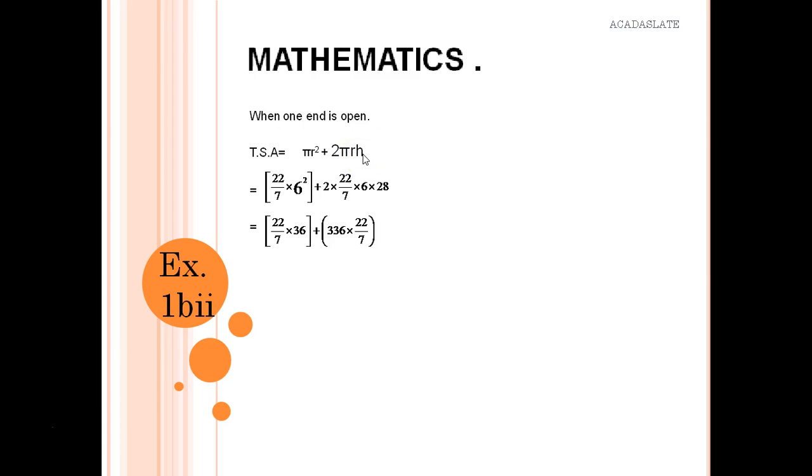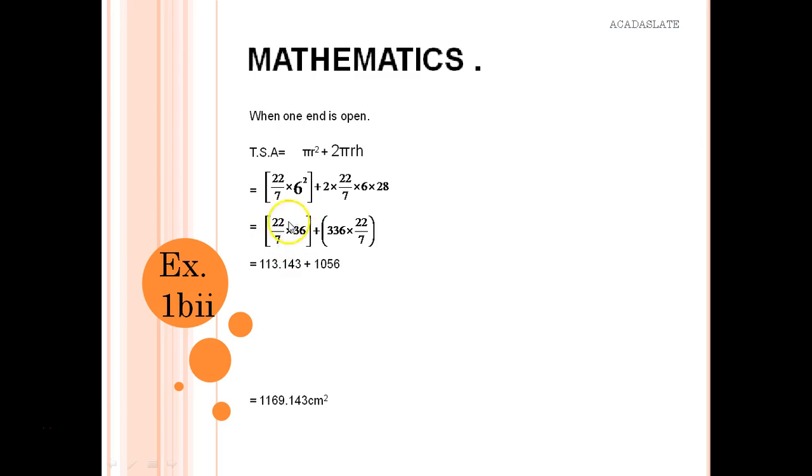Substituting the variables into the formula, pi represents 22/7 times the radius, which is 6, squared, plus 2 times pi, which is 22 over 7, times radius, which is 6, times the vertical height, which is 28. So we simplify: 22 over 7 times 6 squared, which is 36, plus 2 times 6 times 28, which is 336, times 22 over 7.